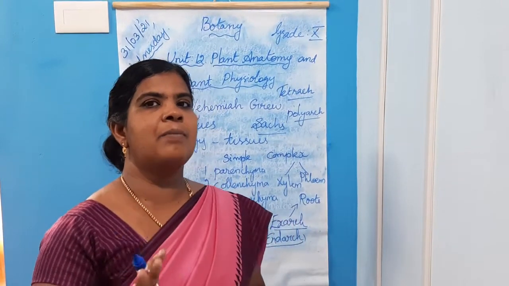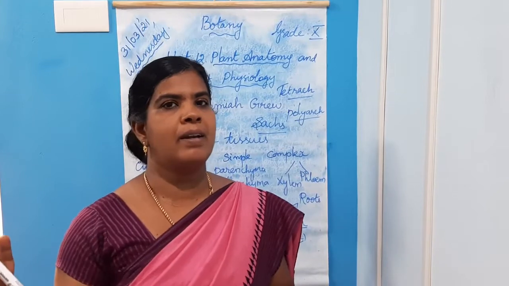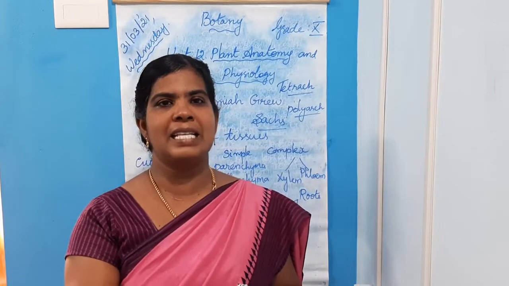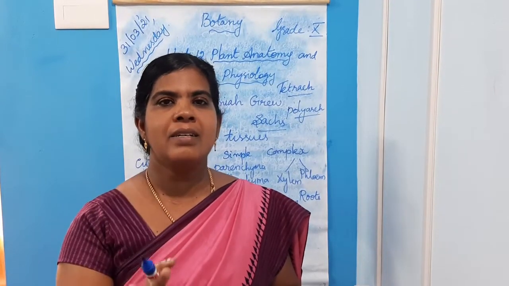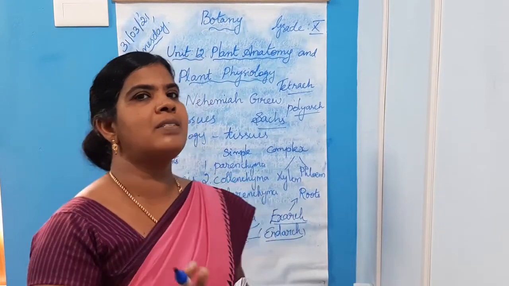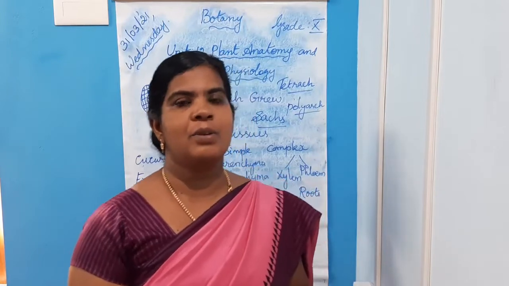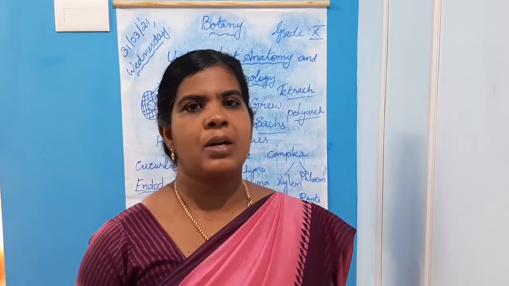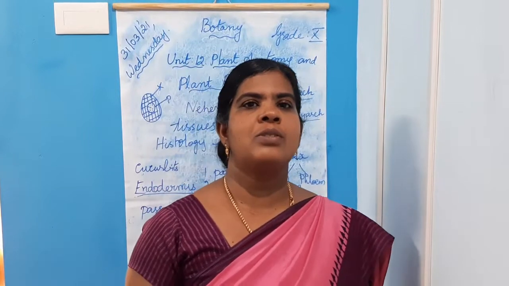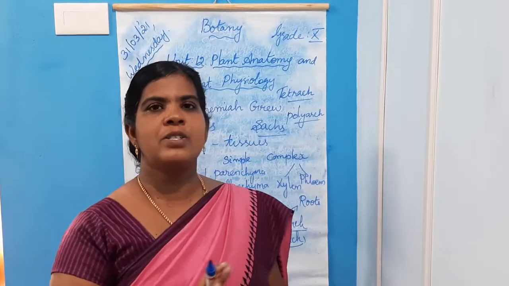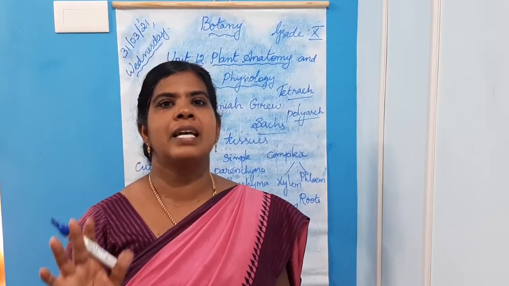So in dicot stem, the vascular bundles are open. But in monocot stem, vascular bundles are closed. Only primary growth is there in monocot stem. In dicot stem, primary as well as secondary growth is there. Do you know what closed and open are? In a closed vascular bundle, there is absence of cambium in between xylem and phloem.